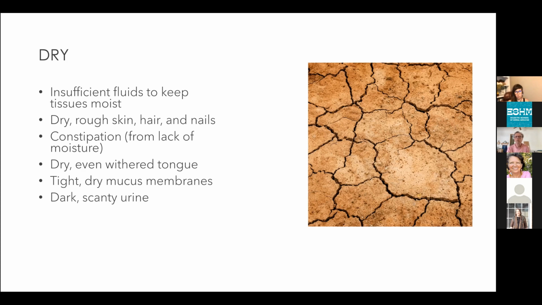So the stool will look small and pebbly and won't be bulked together, almost like rabbit droppings. When someone sticks out their tongue, you're not going to see any moisture on it. And if folks are super dry, you're even going to see some withering. What withering looks like is, I thought I had a picture, and nope, I'll send you guys a picture. It just looks like a lot of cracking.